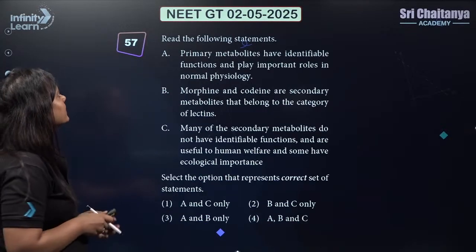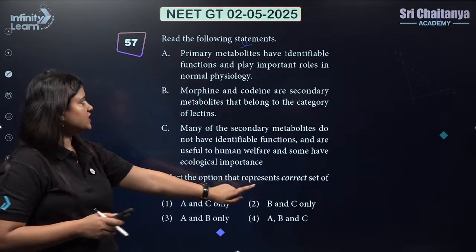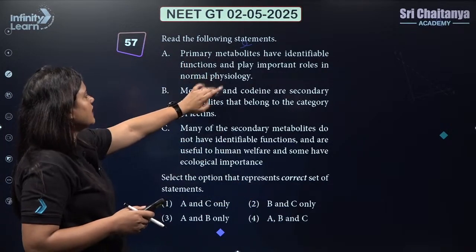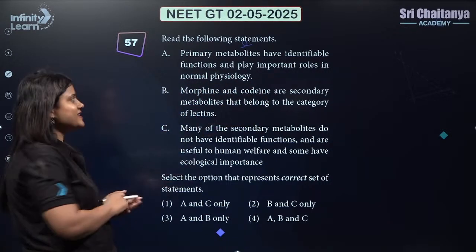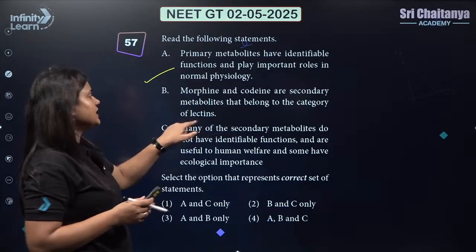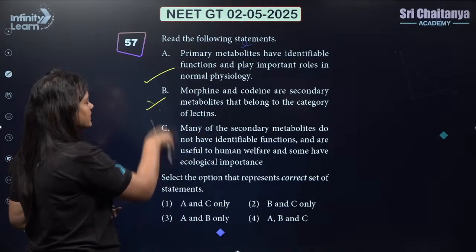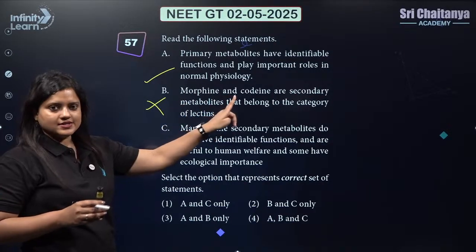Perfect. So again we have 3 statements and we need here the correct set of statements. Primary metabolites have identifiable function and play important role in human physiology? Yes. Morphine and codeine are secondary metabolites that are lectins? No, that is concanavalin A. These are alkaloids, yes or no?